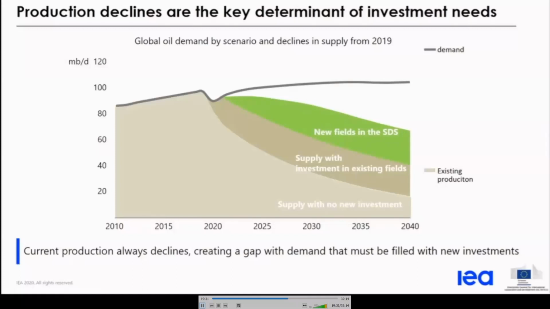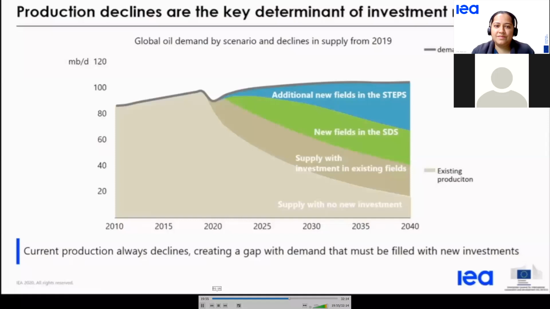We can see that there's still a significant amount of investment that's needed in order to meet demand, even in a more sustainable scenario. If we take a look at the stated policy scenario, there's significantly more investment as well that's needed to maintain the level of oil demand that we have seen or project to see potentially in the next 2 decades.